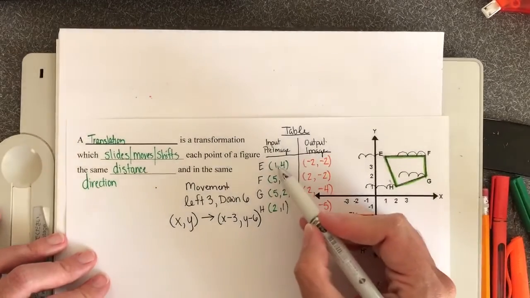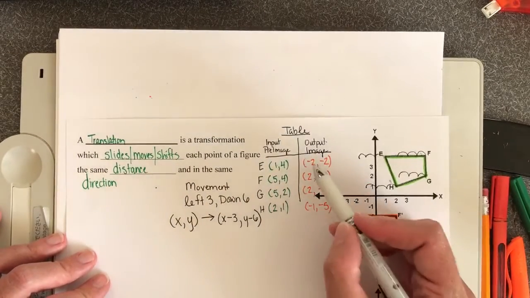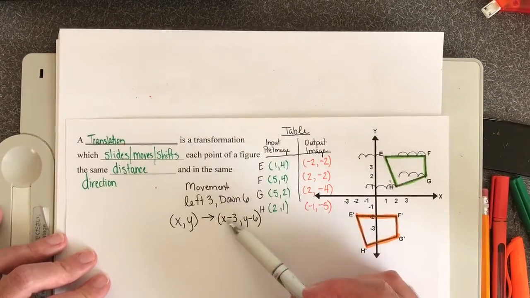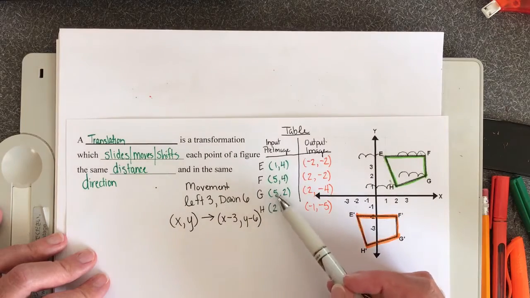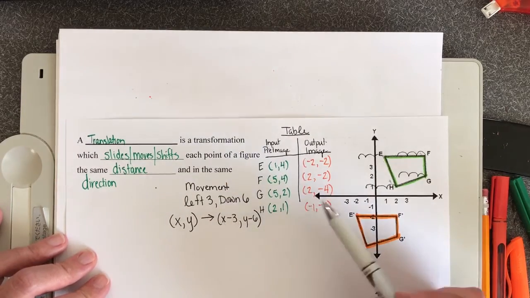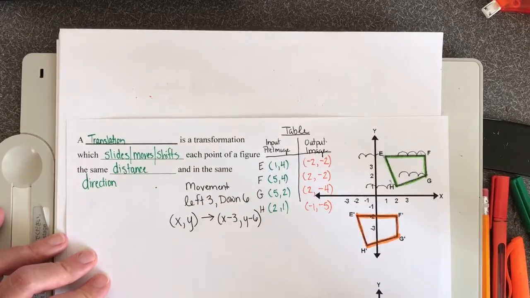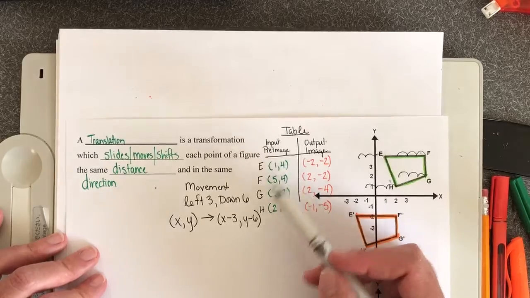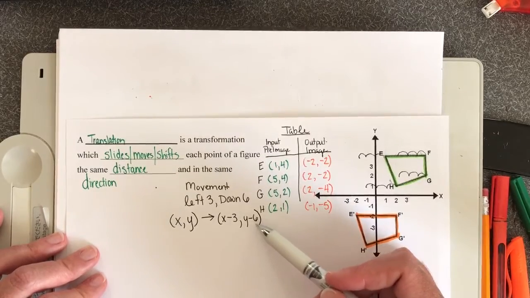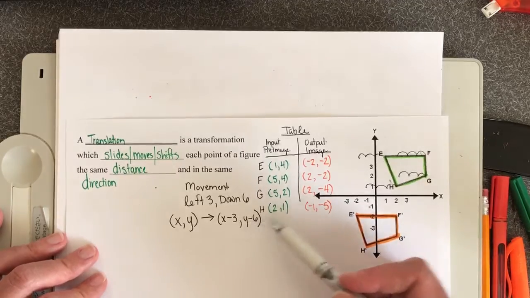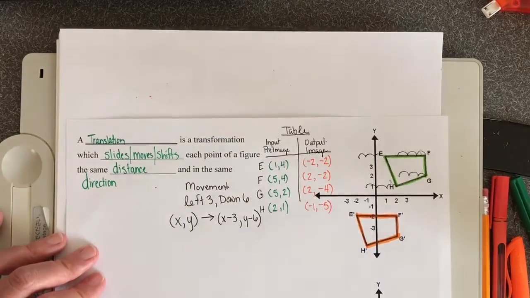Take your x value, 1, subtract 3 from that, you'll get your negative 2. 5 goes in, 2 comes out. 2 goes into x, negative 1 comes out. Same goes for the y's. Plug your y values in, 4 goes into y, take 6 away, negative 2 comes out. 2 goes into y, take 6 away, negative 4 comes out.